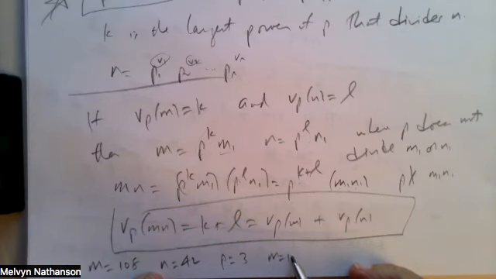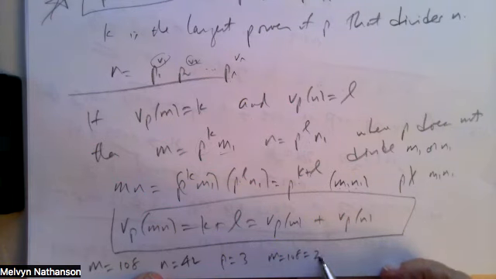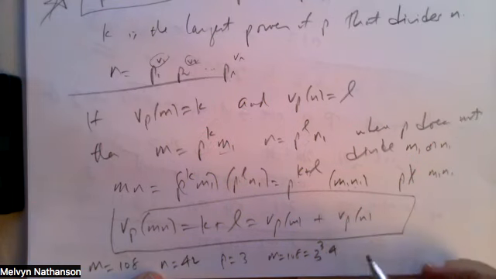So M, which is 108, is 27 times 4, it's 3 cubed times 4.